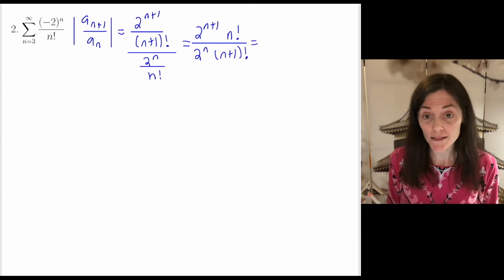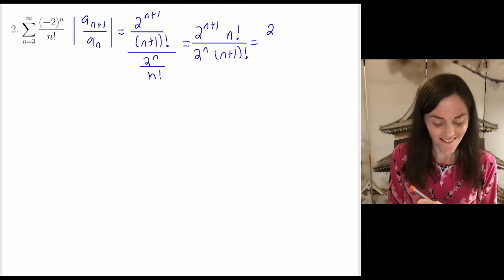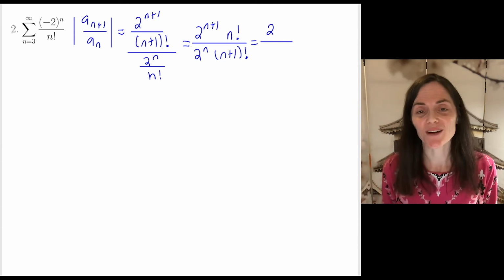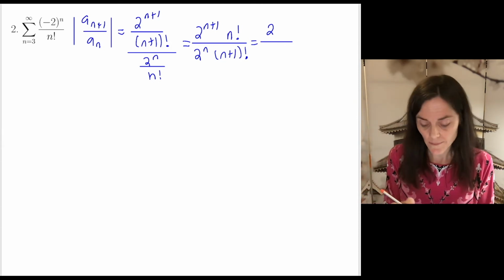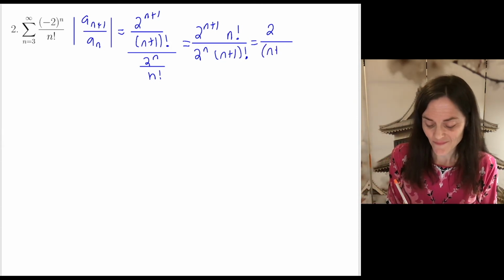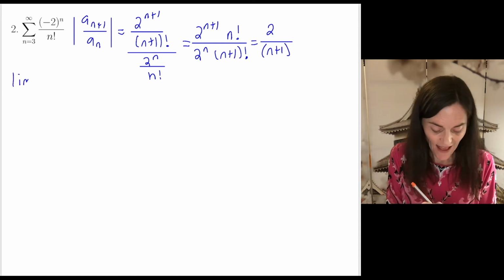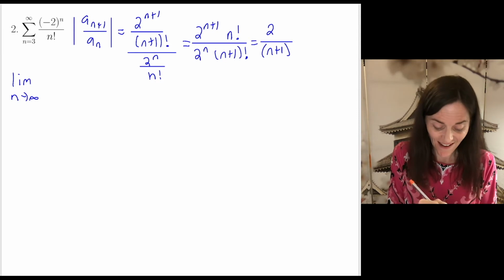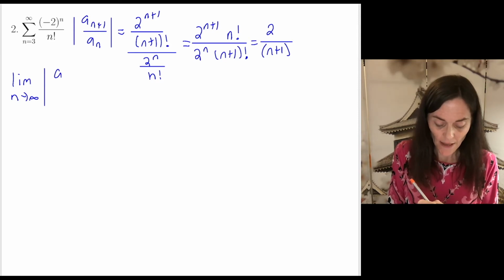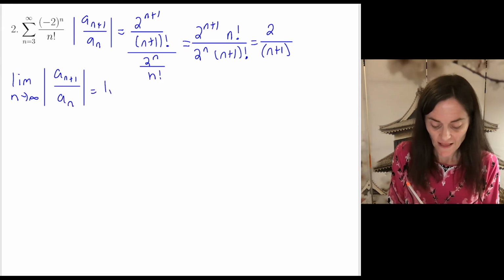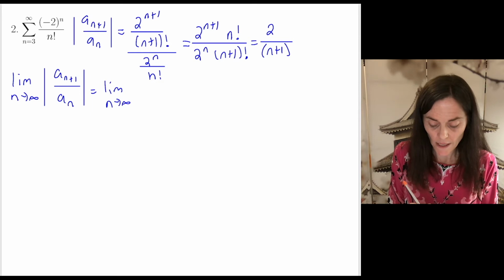Now, what will cancel is I have a 2 up here, and then n factorial over n plus 1 factorial is just n plus 1. And this is as simple as I can make it, but I'm ready to take a limit as n goes to infinity of absolute value a_n+1 over a_n. This is a limit as n goes to infinity of 2 over n plus 1.